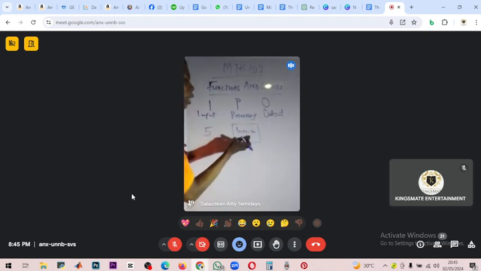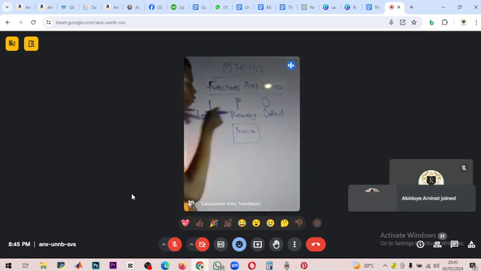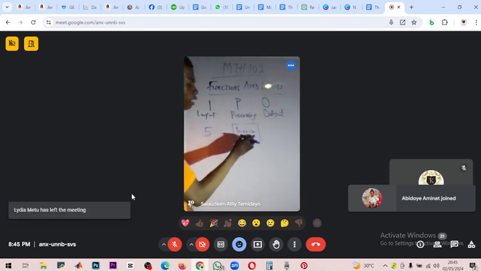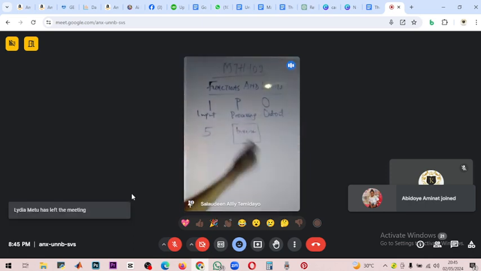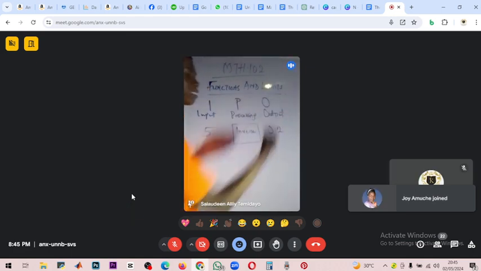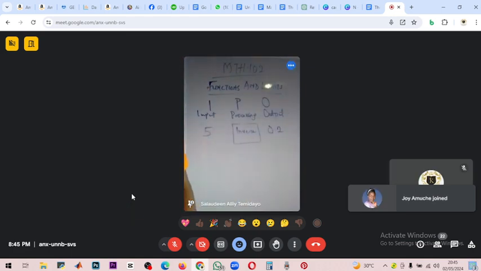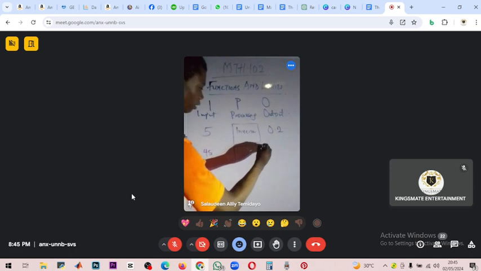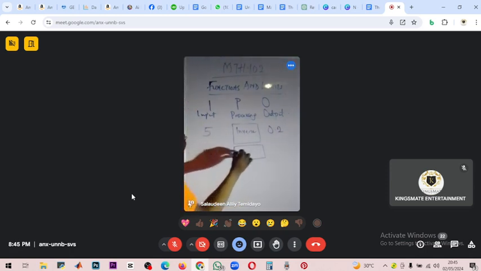If it was square that is here, the square of the 5 that I'm inputting. So now the inverse is here and 5 is here. We are inputting 5 into the processor. So definitely the output should be the value of the inverse of 5, and that is 1 over 5, that's 0.2.